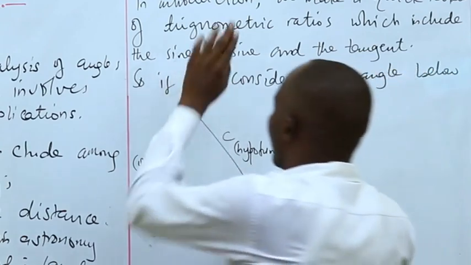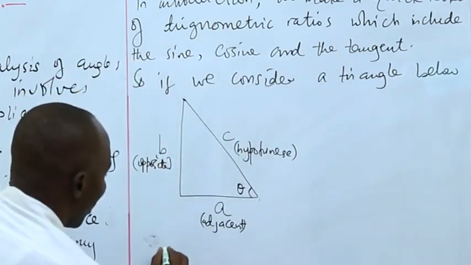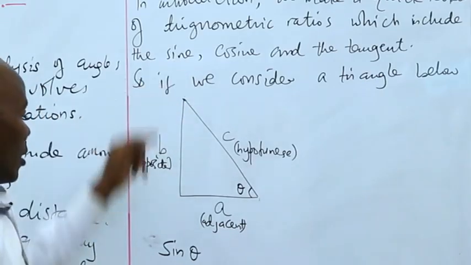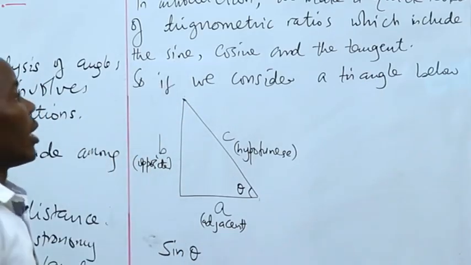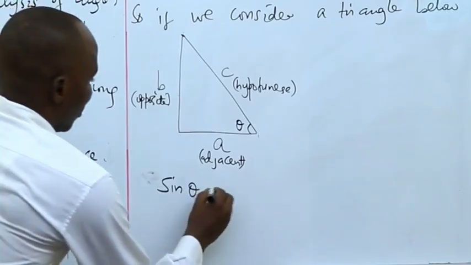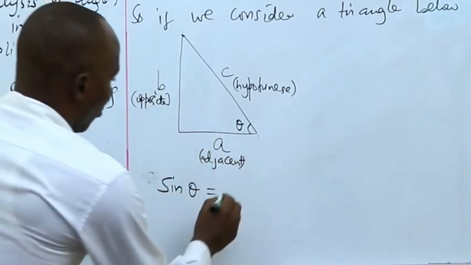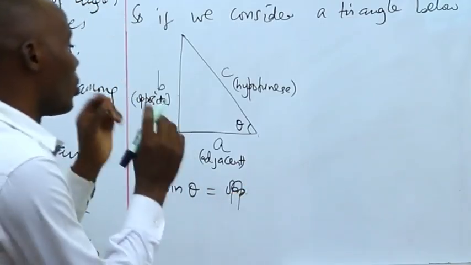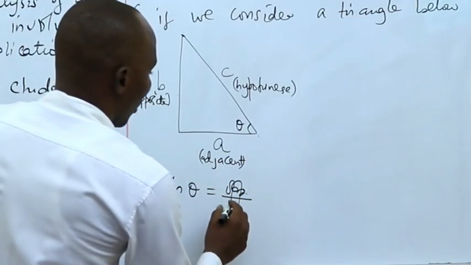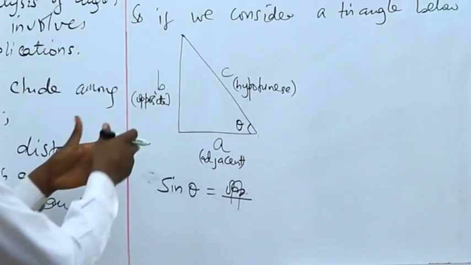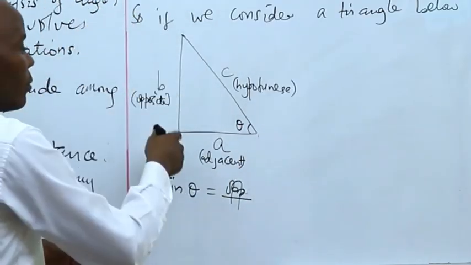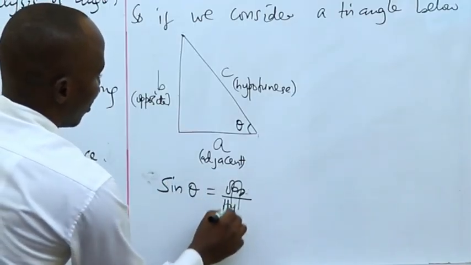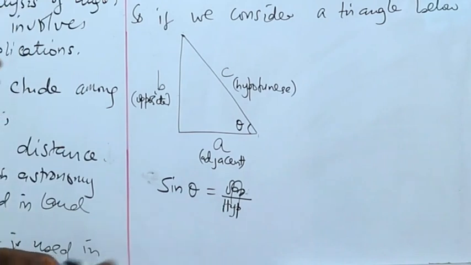So sine, I can abbreviate as sin. Sin of theta is the opposite side over, that is the magnitude of the opposite side divided by the magnitude of the hypotenuse side.